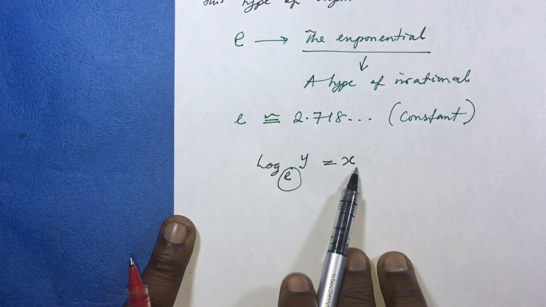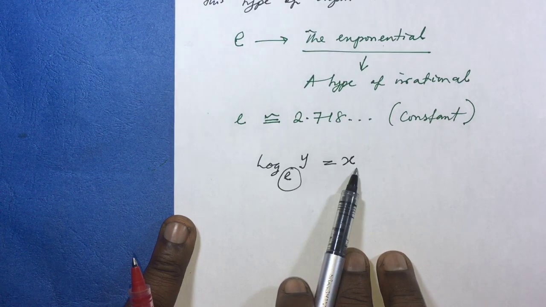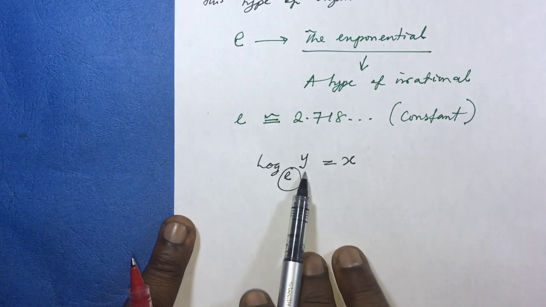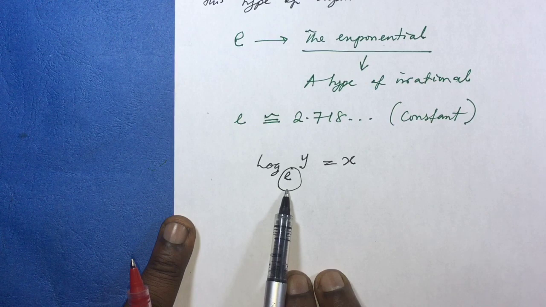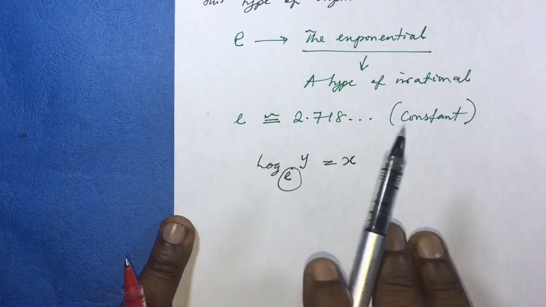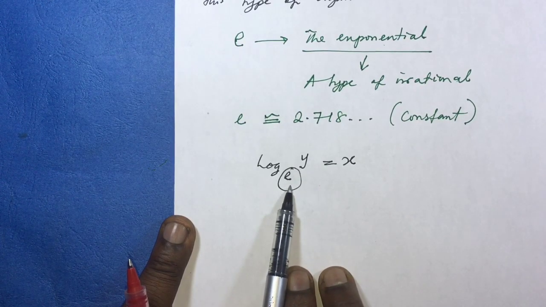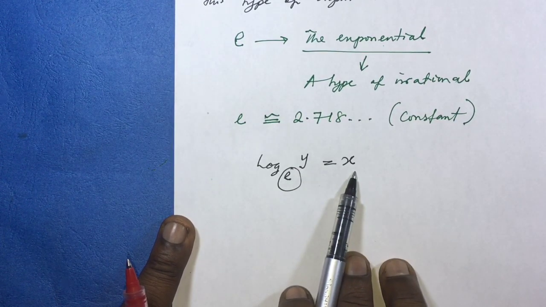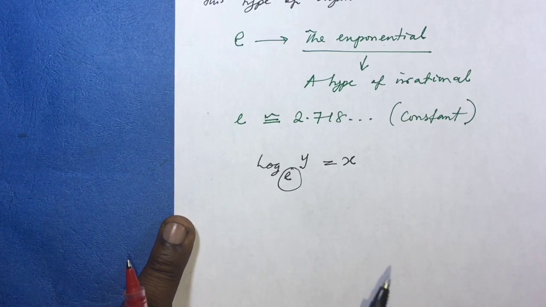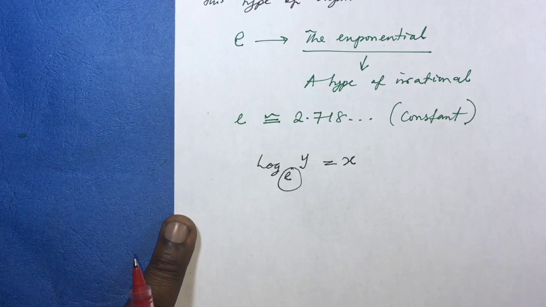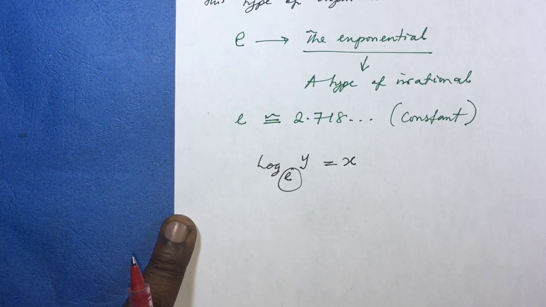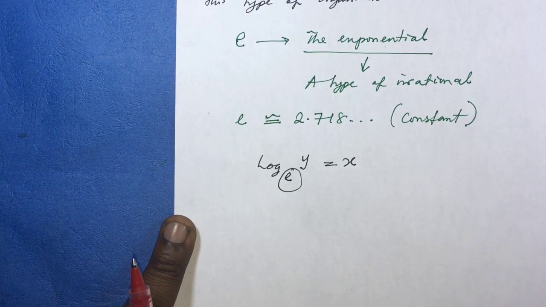Okay? So if the answer to taking the natural logarithm of y is x, then we say the natural logarithm of y is equal to x, meaning that the logarithm of y to the exponential as its base will give you x. Okay? So you don't say the natural logarithm of y in base e. You rather say the natural logarithm of y, because that implies you are taking the logarithm of y in base e. So once you say you are taking the natural logarithm of a number, everyone should know that you are taking the logarithm of that number in base e.